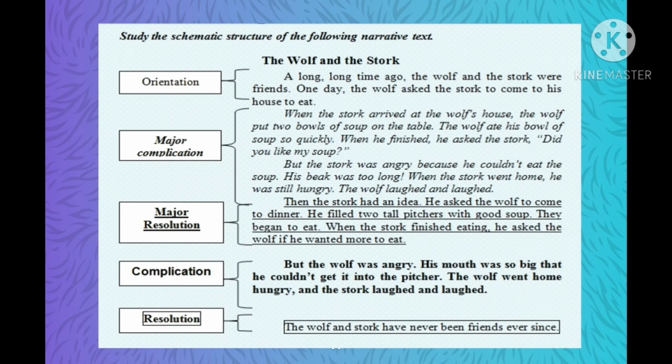This is an example of part of the generic structures. You can see the parts of the story like the orientation, complication, resolution until here. I choose the fable, the wolf and the stork.